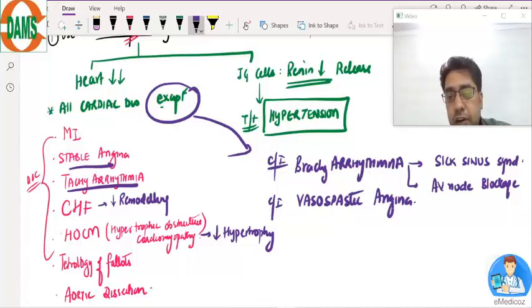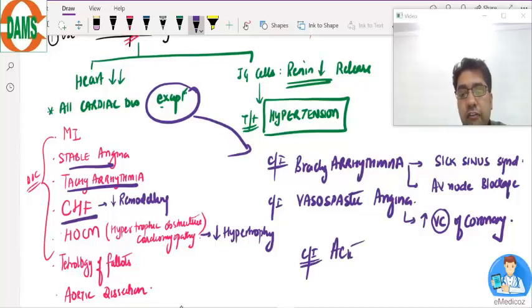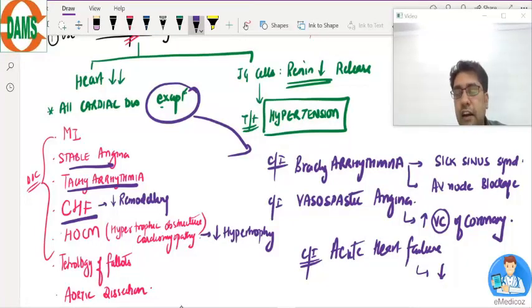Because beta blockers themselves cause vasoconstriction of the coronary artery. And here we have written chronic heart failure. You'll write beta blockers are contraindicated in acute heart failure. Why acute heart failure? Because they decrease cardiac output.